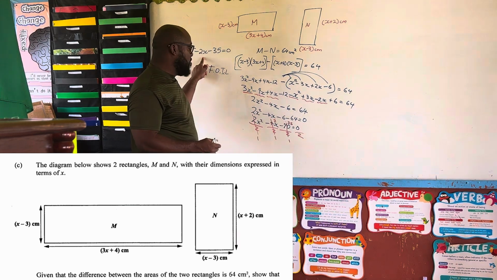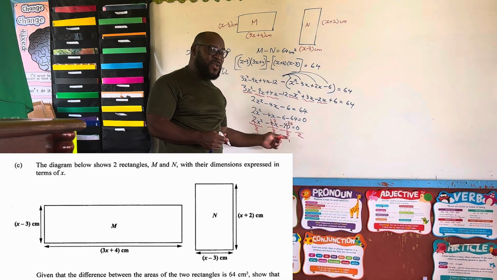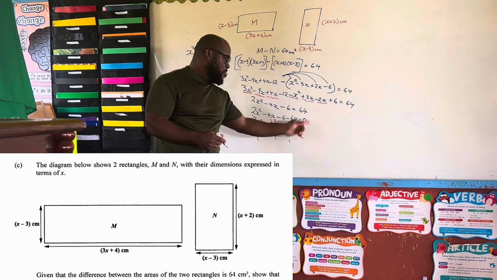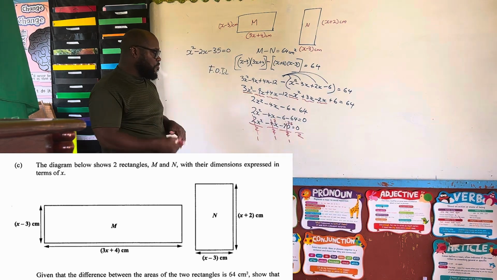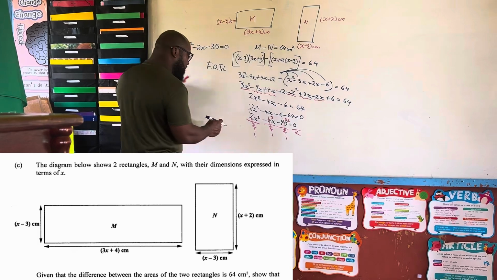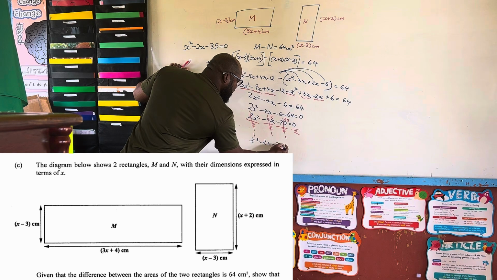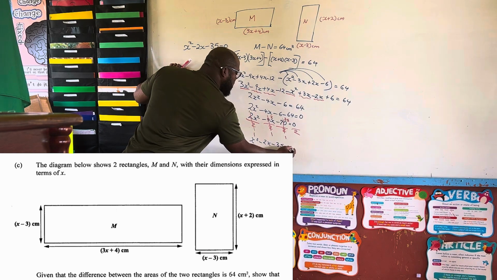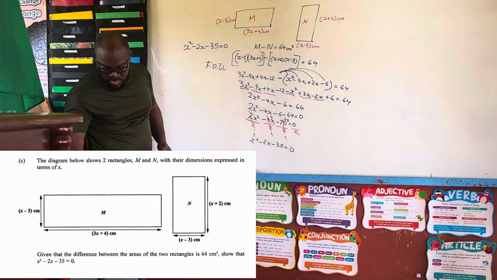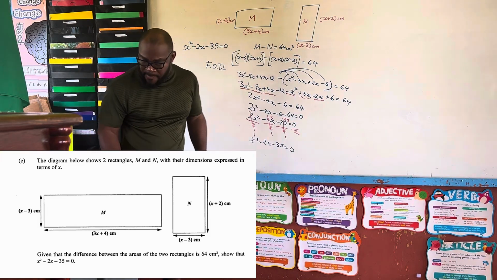And half of 70 is 35. So this gives us x squared minus 2x minus 35 equals 0.